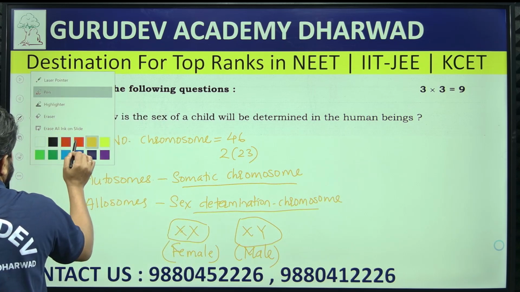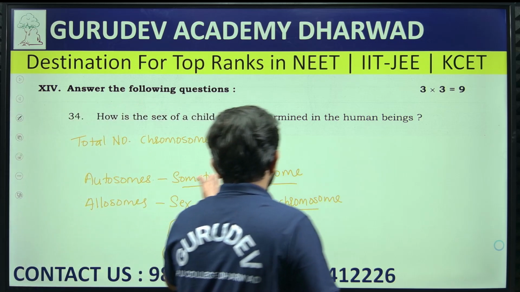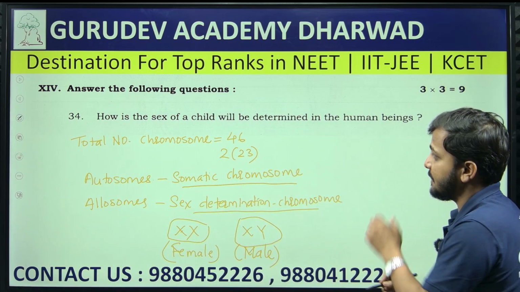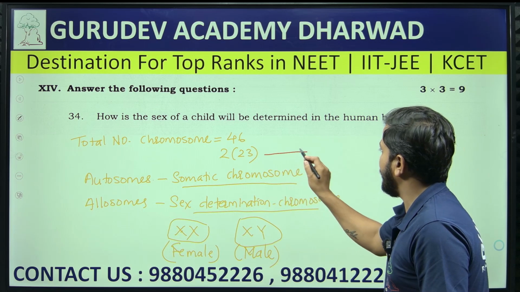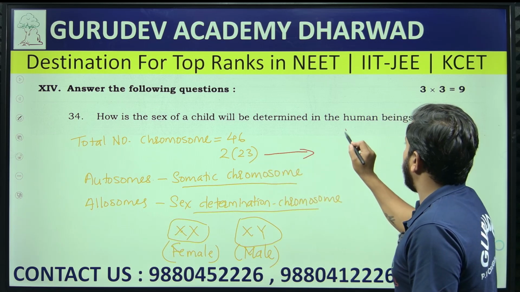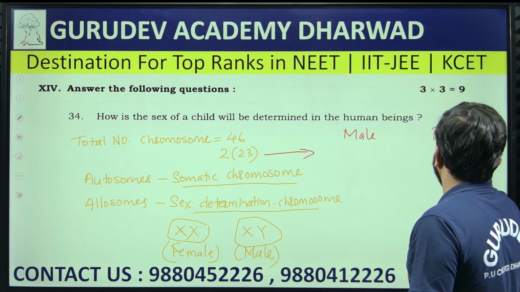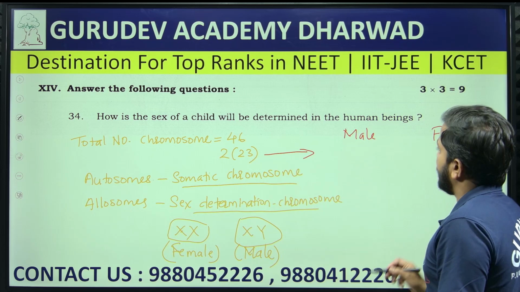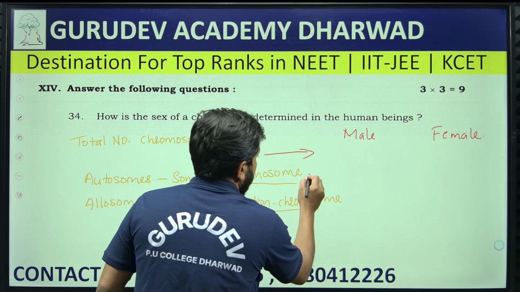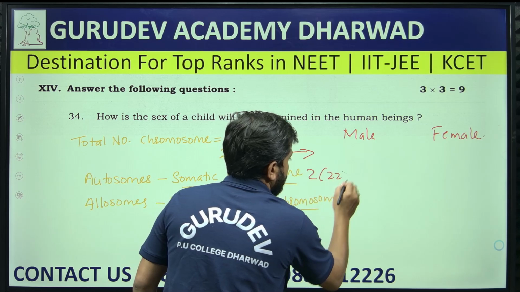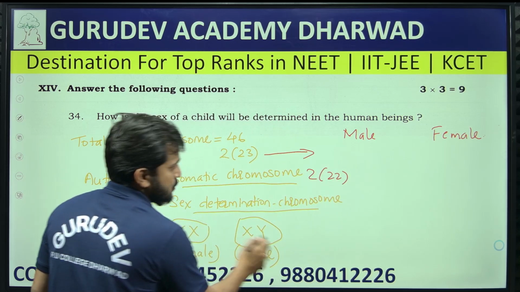So with respect to the allosomes, including the autosomes and allosomes, we are going to represent. As we know, 23 pairs, right. I will consider this as male, and here as female. Now female autosomes, how many? Commonly 22. Allosome is XX, XY, right.